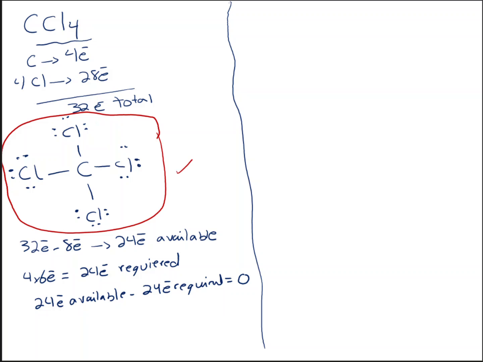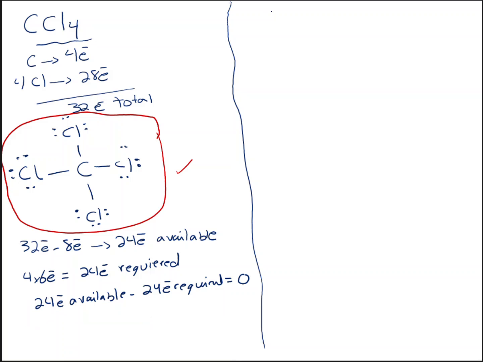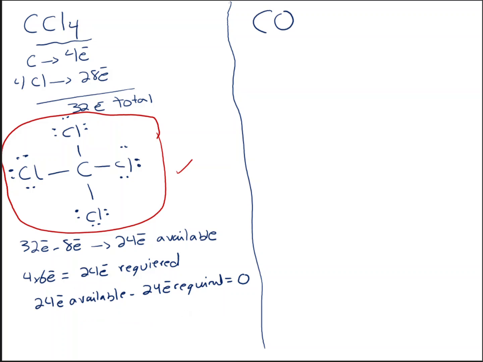So let's do the Lewis structure for carbon monoxide. First we want to count the total number of valence electrons. So we expect 4 valence electrons from carbon and 6 valence electrons from oxygen, a total of 10 valence electrons.